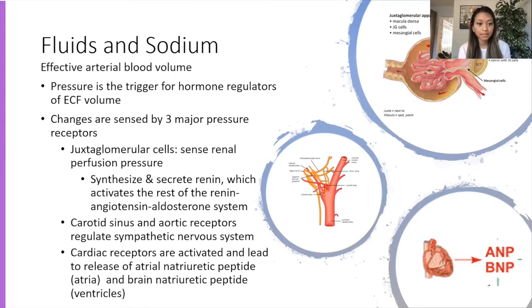They synthesize and secrete renin, which activates the rest of the RAAS. The carotid sinus and aortic receptors regulate the sympathetic nervous system, and cardiac receptors are activated and lead to the release of ANP and BNP. ANP is in the atria, and BNP, despite the name, is not in the brain, it's actually in the ventricles. Next.